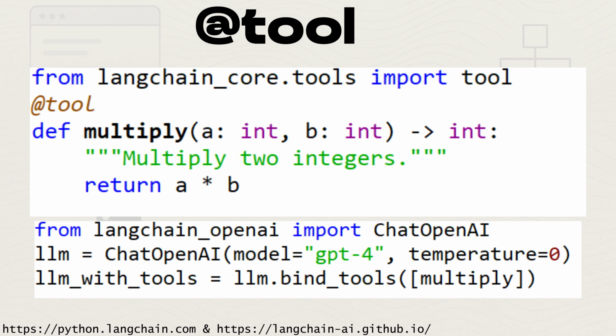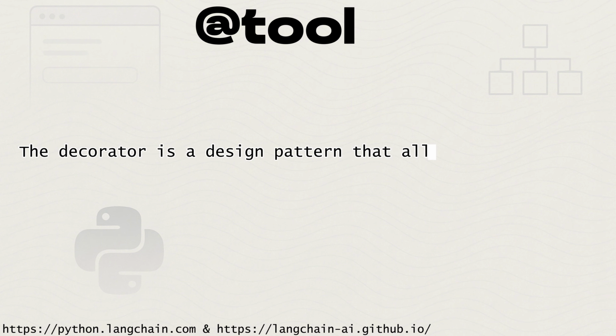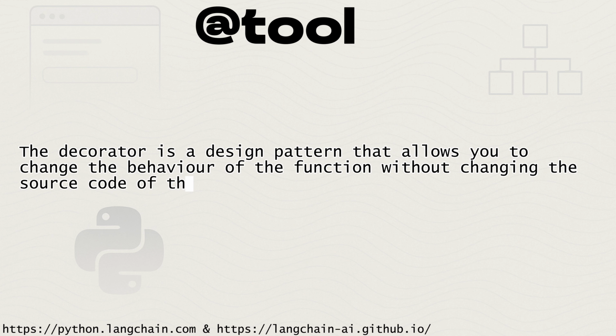You might be asking yourself now, what is the decorator design pattern? It is basically a design pattern in Python that changes the behavior of the function without changing the source code. Let's stop talking about LangGraph and LangChain a bit and jump back to talking about design patterns.